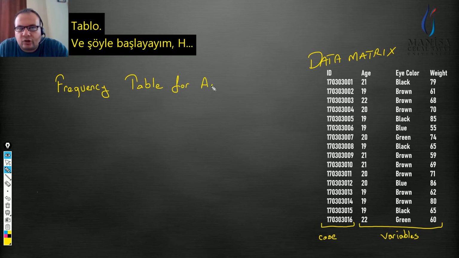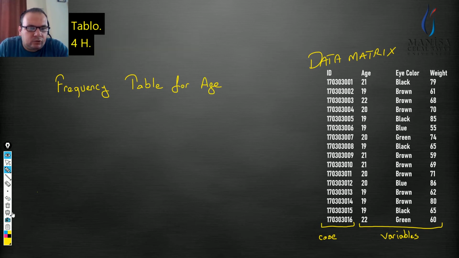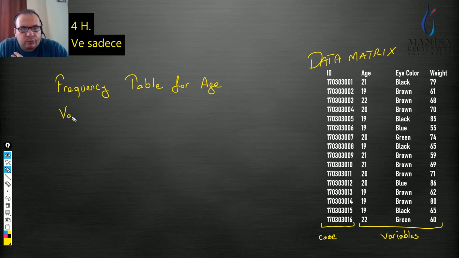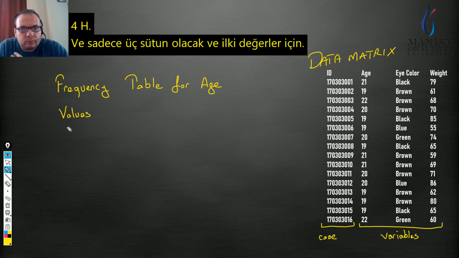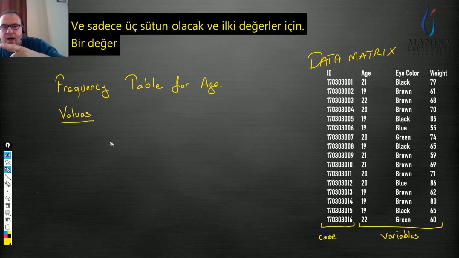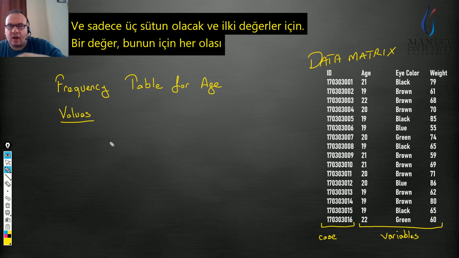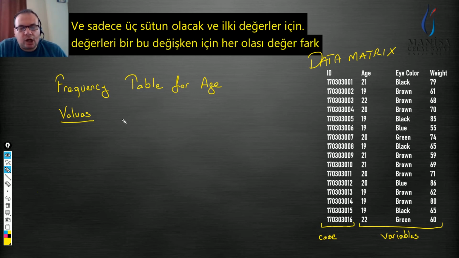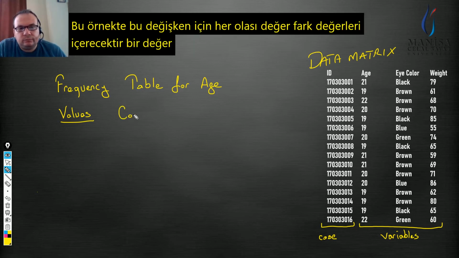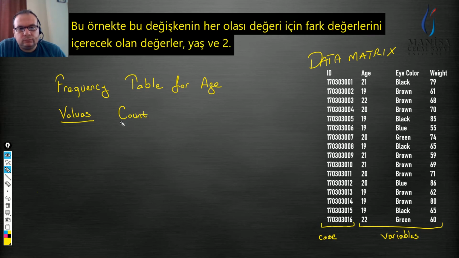For age, we will have just three columns, and the first one is for the values, and it will include the different values, each possible value for this variable, and in this example it's the age. The second column is for count, and the third one is for percent.